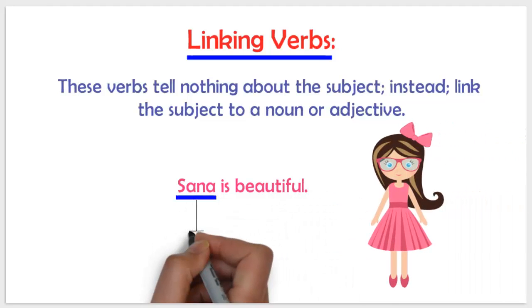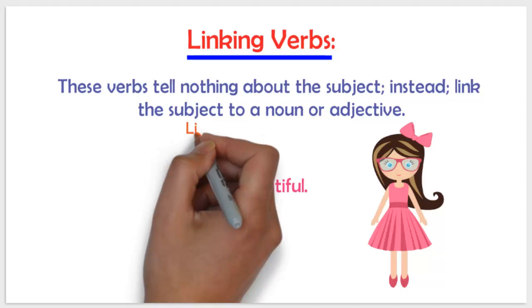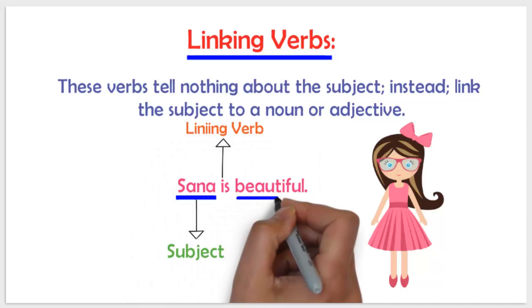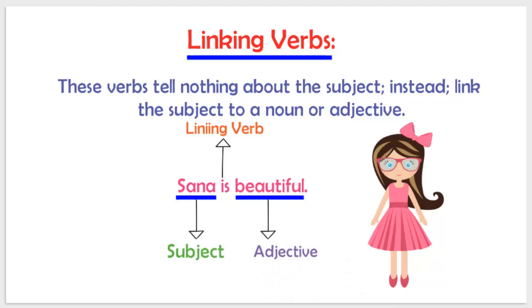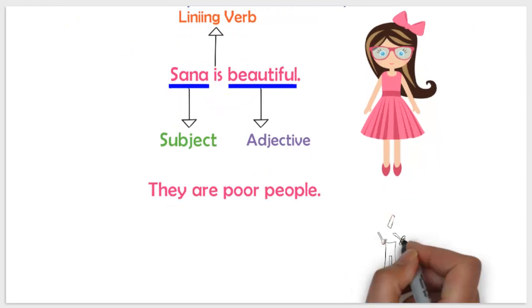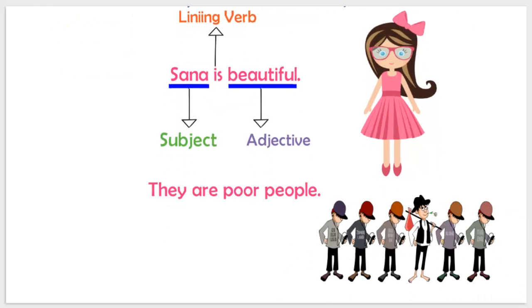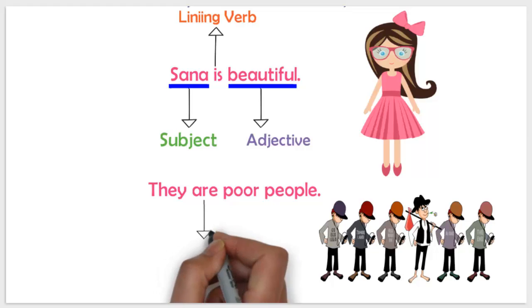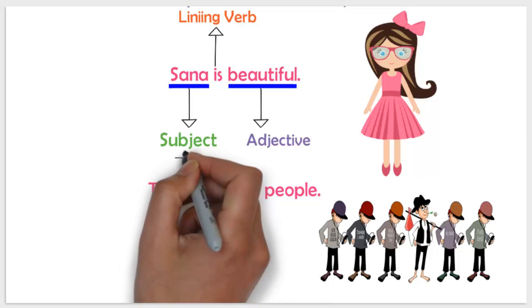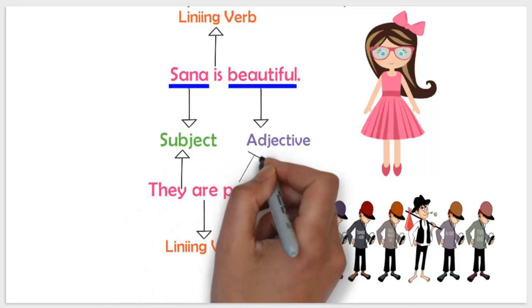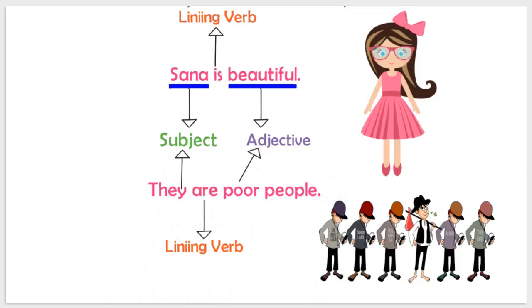Here the subject Sana is linked by the verb is to the adjective beautiful. So the verb is a linking verb. They are poor people. Here the linking verb are is linking the subject they to the adjective poor. So the verb are is a linking verb.